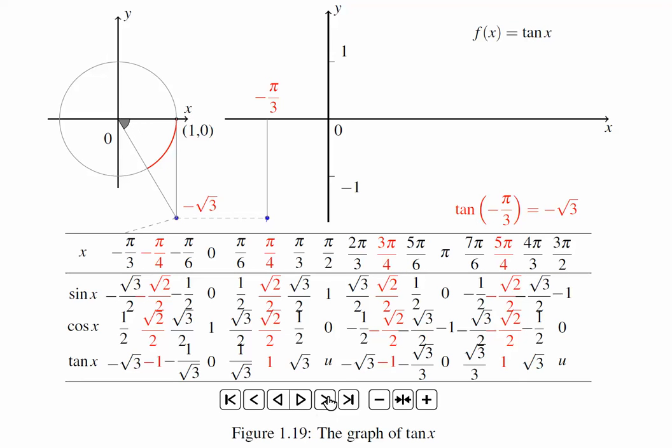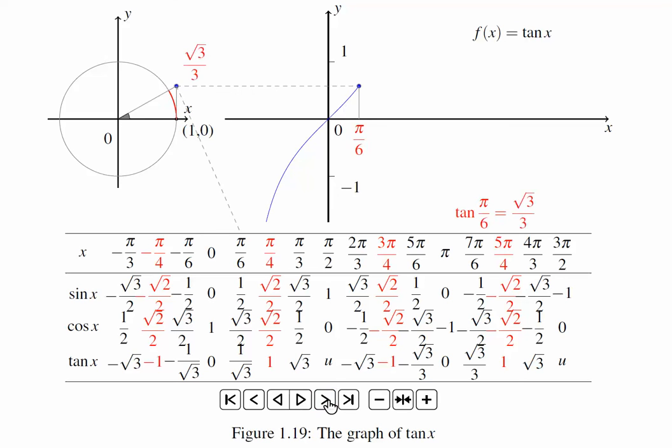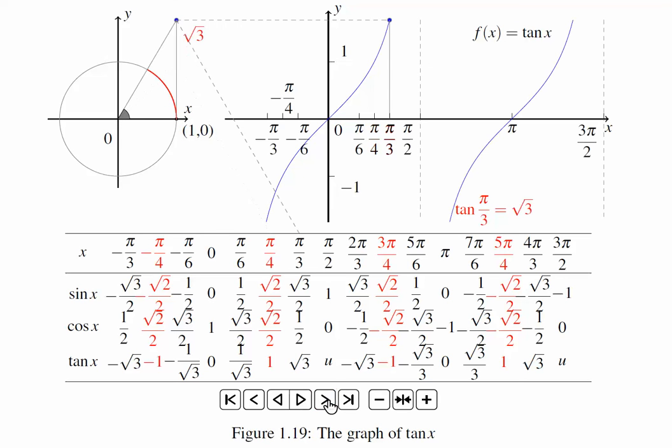Okay? So then you go like that. All right. So this is actually you did from negative pi over 3 to the positive pi over 3.